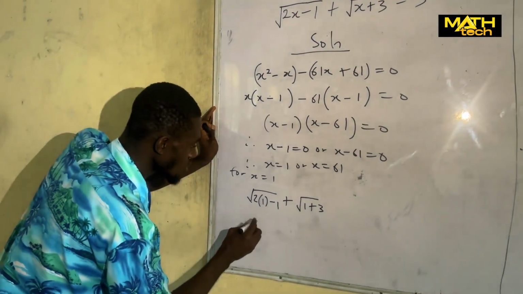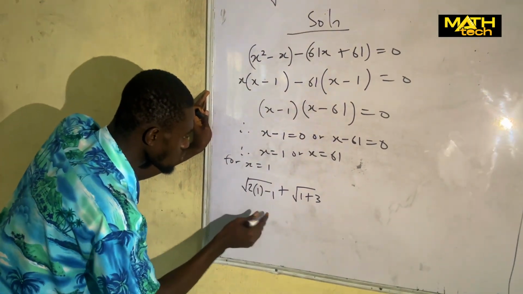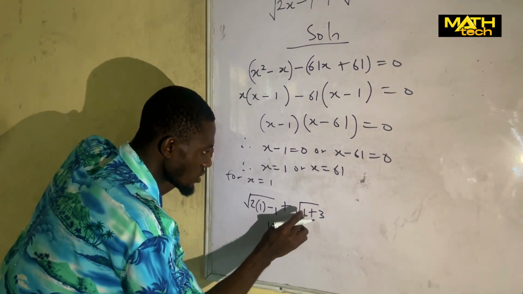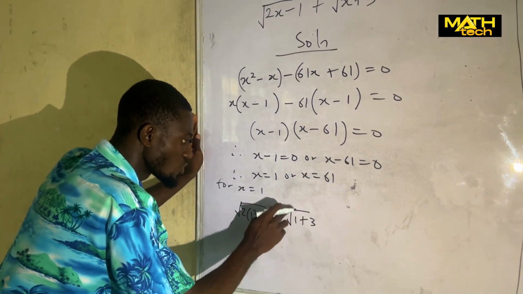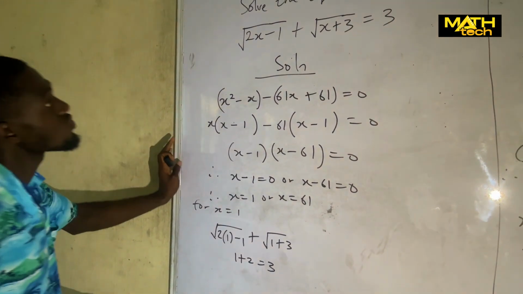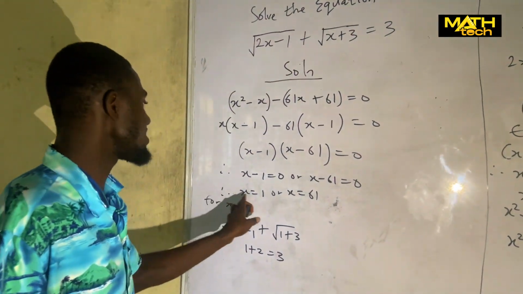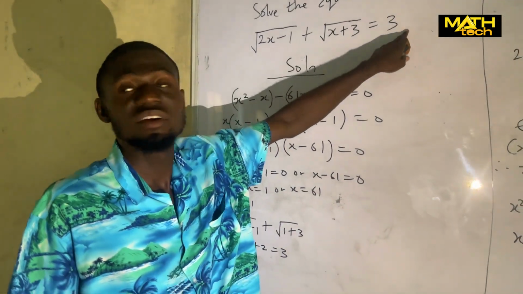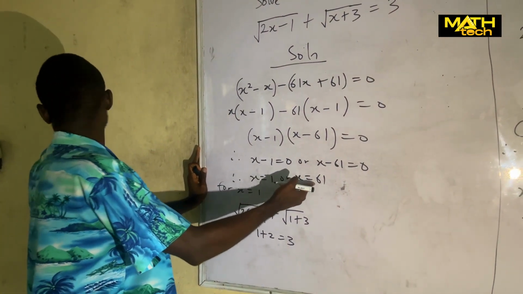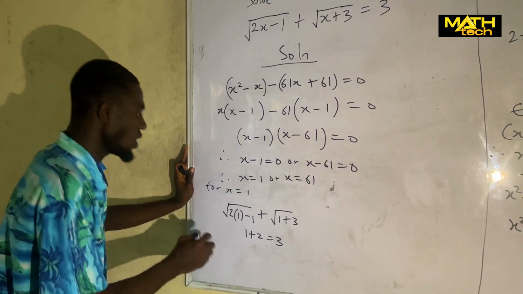So this will give us what? 2 times 1 will give us 2, 2 minus 1 will give us 1, square root of 1 is what? 1. 1 plus 3 will give us 4, square root of 4 is what? 2. 1 plus 2, and we have the answer to be equal to 3. So here we see that the left hand side, while x is equal to 1, is equal to the right hand side.